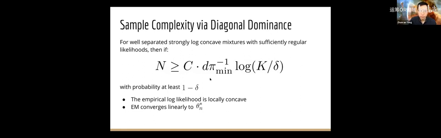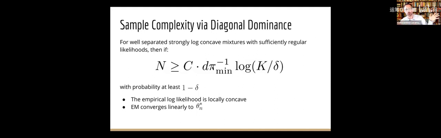Okay. There's one other technical idea that I want to share, in addition to finally saying what the results are. Our results basically say that as long as we have this many samples, which is again KD, that's what this essentially looks like. Remember pi min, you can't avoid that if you have one element of the mixture that's very rare.